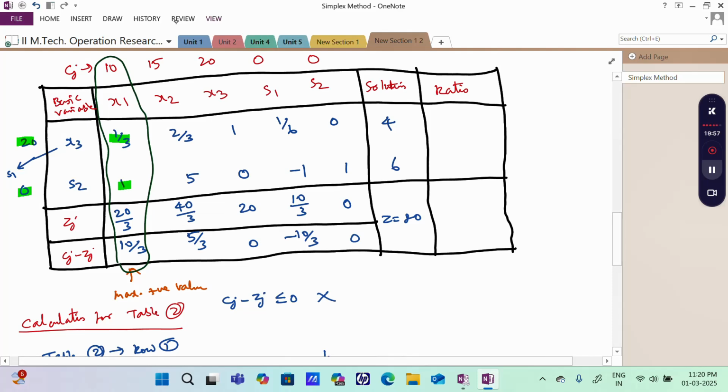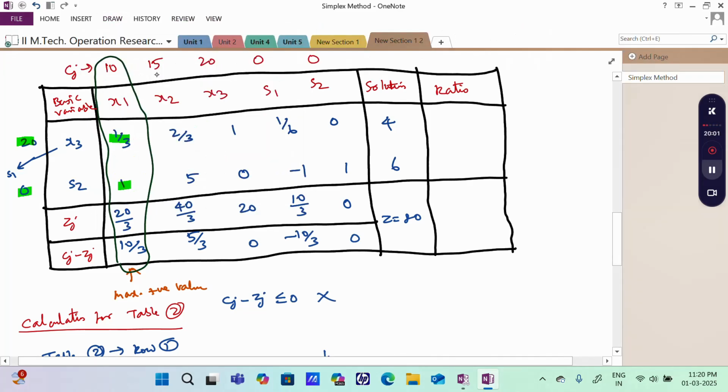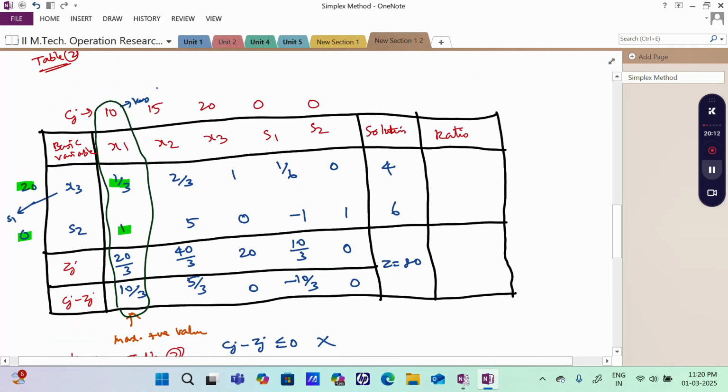Then find the ratio. How to calculate the ratio? Solution divided by the newly selected key column. Therefore, how to calculate the ratio?